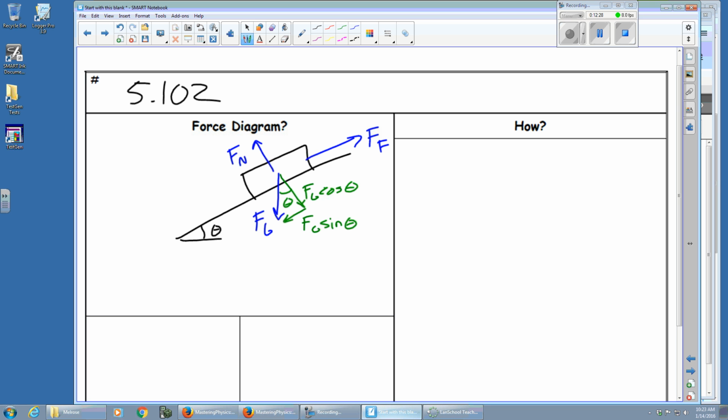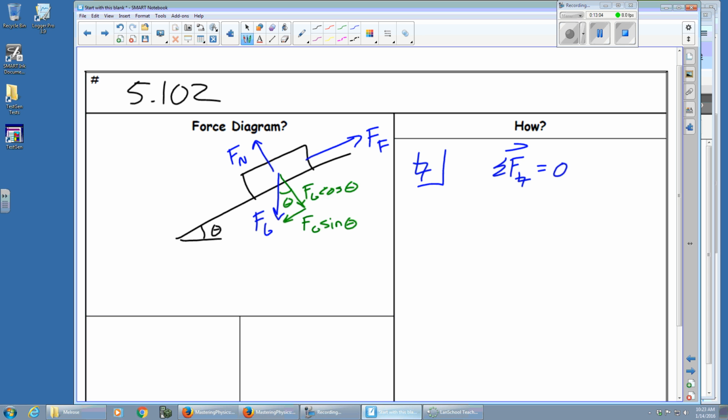So now, let's see. Let's do the perpendicular forces first. So we're going perpendicular to the plane. Sum of the forces perpendicular equals 0, since there's no acceleration perpendicular to the plane. I'm going to call away from the plane positive, and I'm going to call down the plane positive.